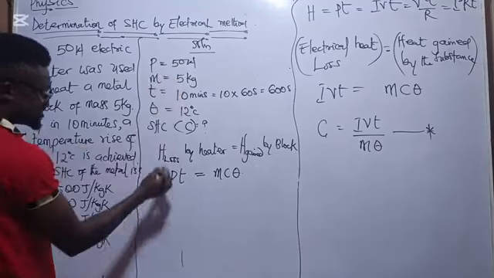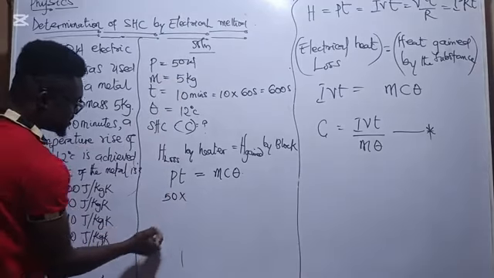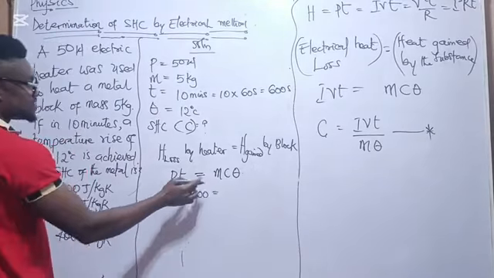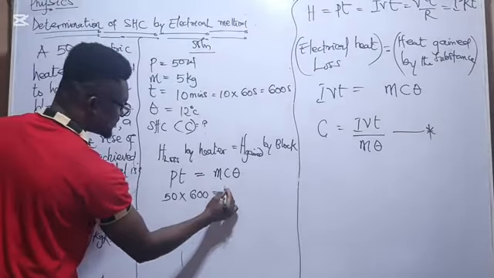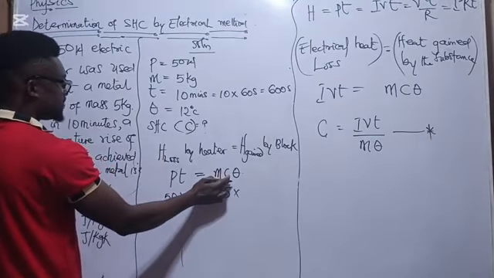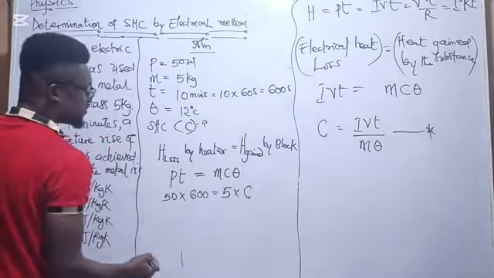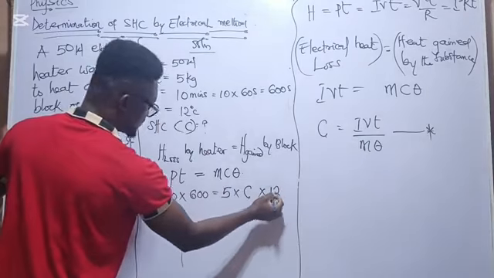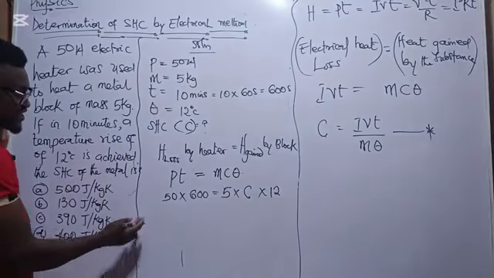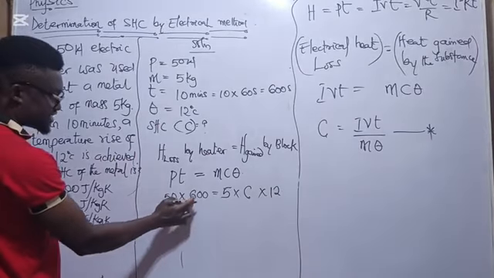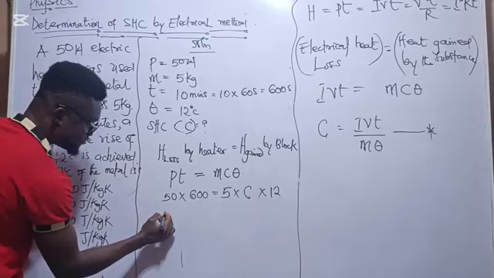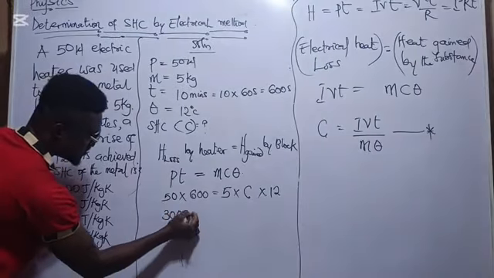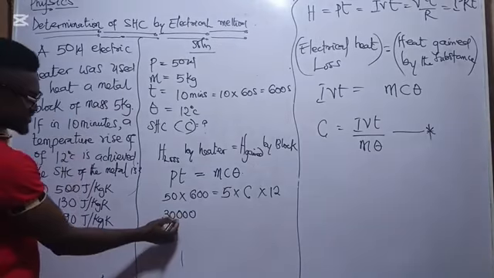So we do the substitution now. The power is 50 watts. So we have 50, we have the time as 600. The mass is given as 5 kg. Then the specific heat capacity is the one we are looking for, times the temperature change, which is 12 degrees Celsius. So at this point, we have to simplify. 50 times 600, that's 6 times 5, we have 30,000.